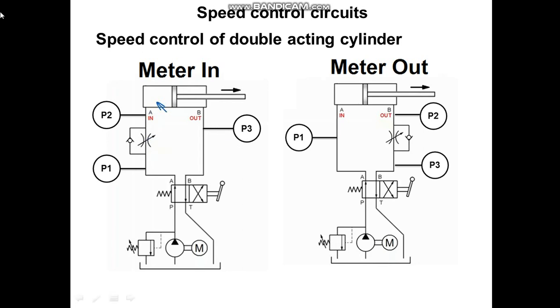As I already said, P1 indicates the pressure set by the pressure relief valve. P2 indicates the pressure generated because of the load acting on the system. P3 indicates the output pressure of the cylinder, and it is almost equal to 0 because it is connected directly to the tank.